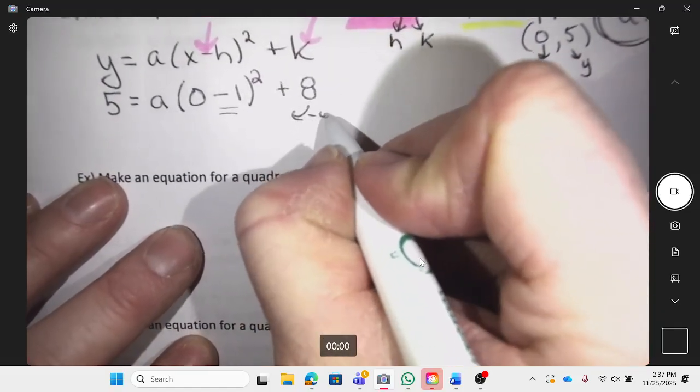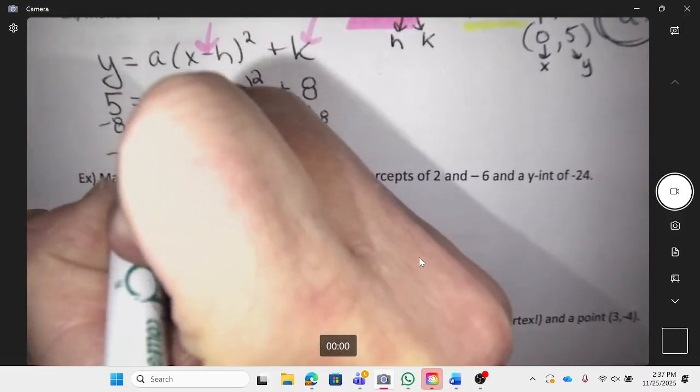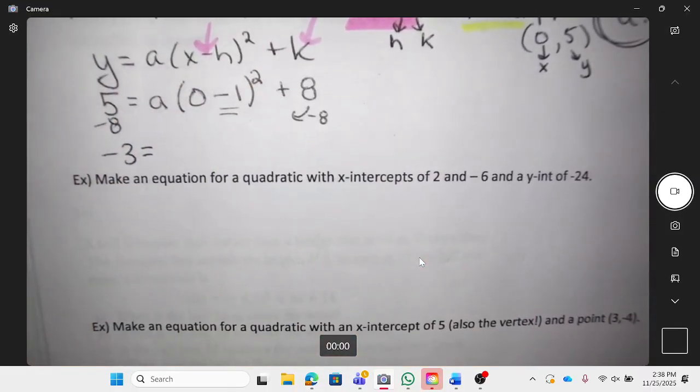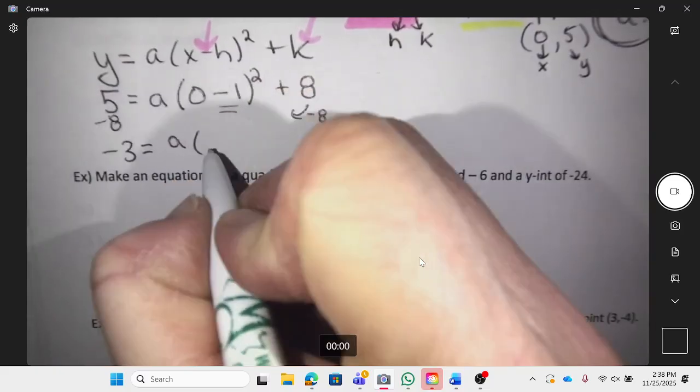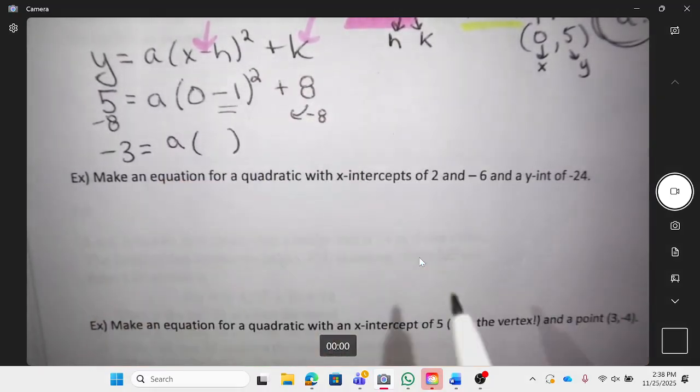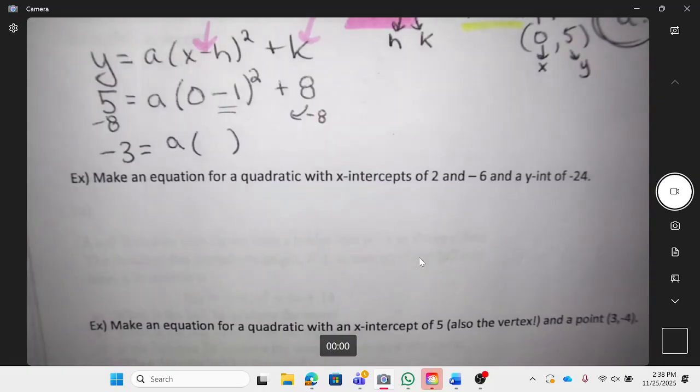Okay, here's what we're going to do. We're going to subtract 8. Move that over. That's our algebra stuff. Calculator, can you go bracket 0 subtract 1 bracket squared. Some of you might be challenging yourself to do that in your head, because that is something you could do in your head.